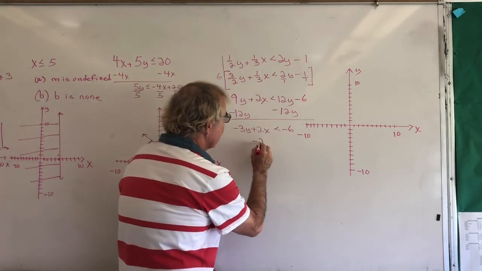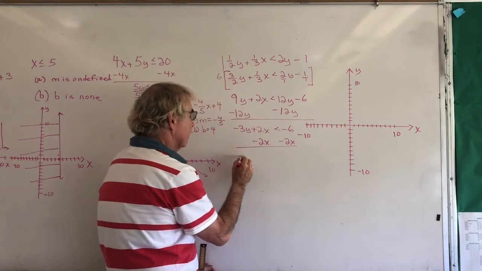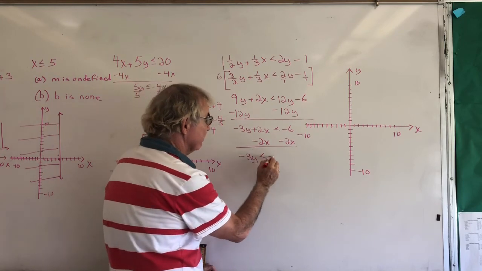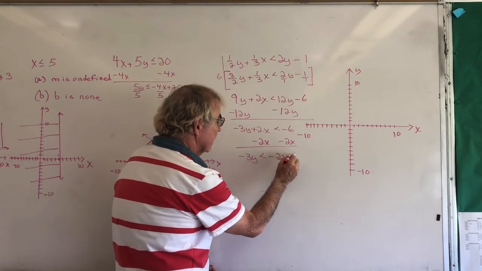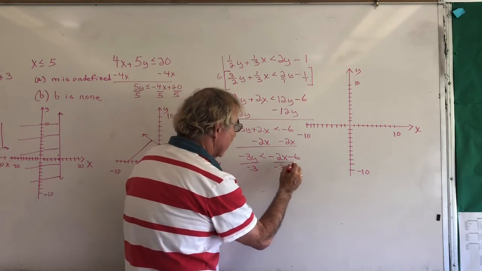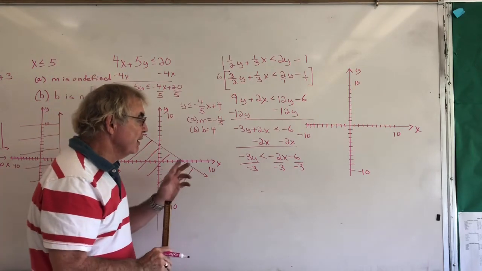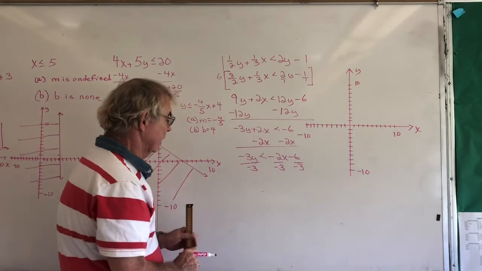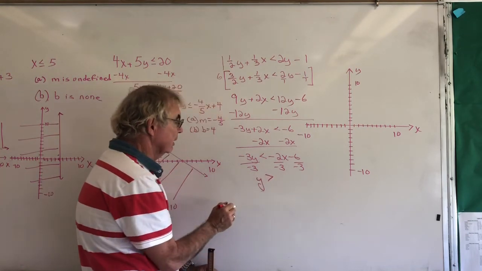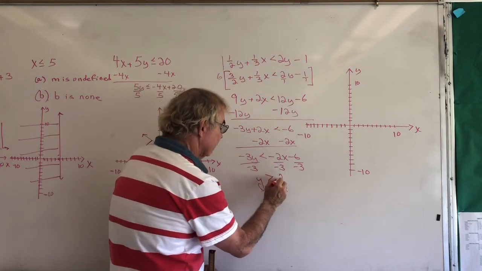We then subtract the 2x from both sides and rewrite negative 3y is less than, putting the x term first, and then we divide by negative 3. Now, when you divide an inequality by a negative, you reverse the inequality. So you take the less than and make it greater than. You have the same rules of signed numbers. A negative over a negative is a positive.